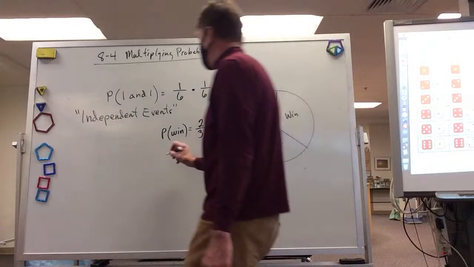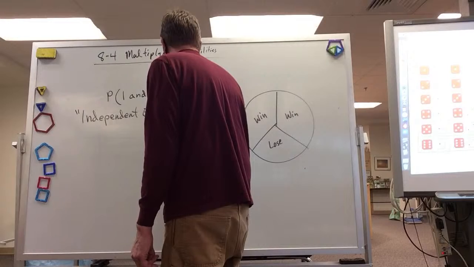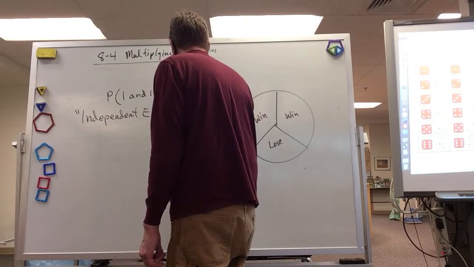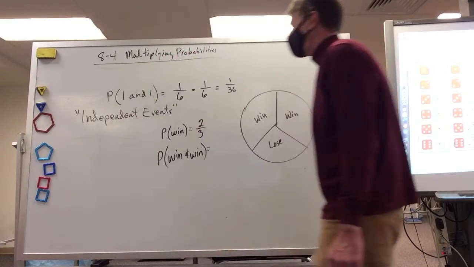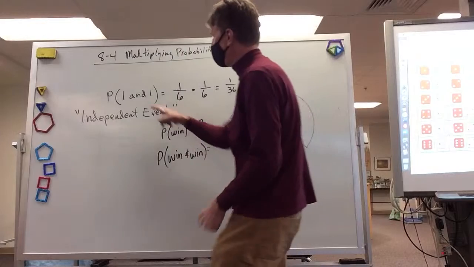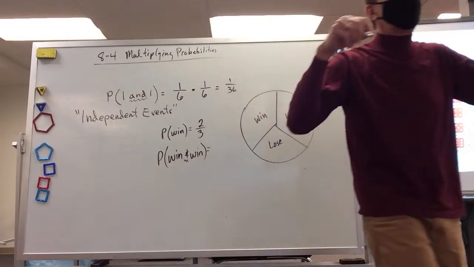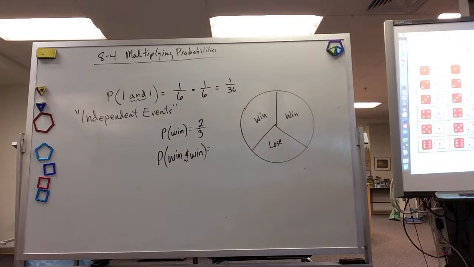So what's the probability of a win followed by another win? When we say something and another, that implies there's a second independent event that gets coupled together with this.